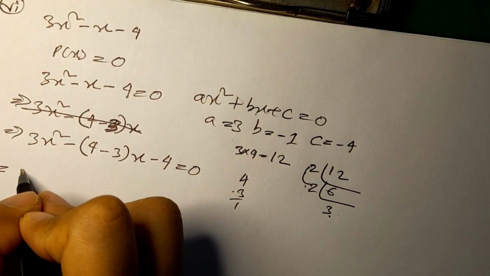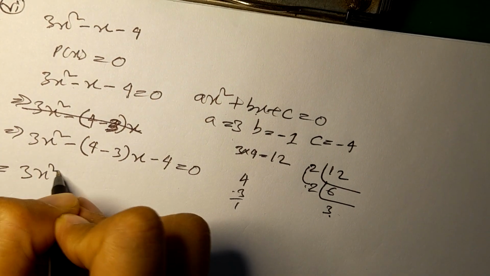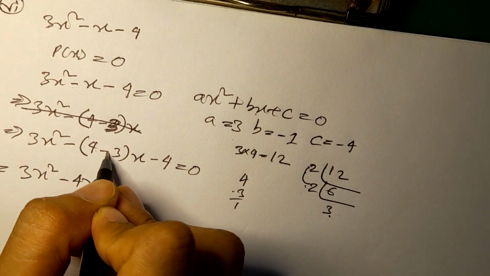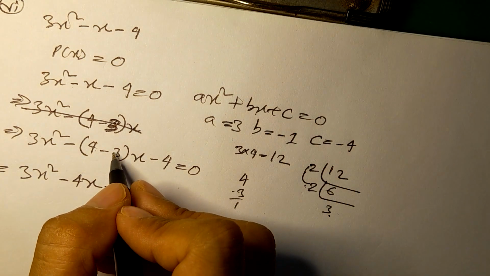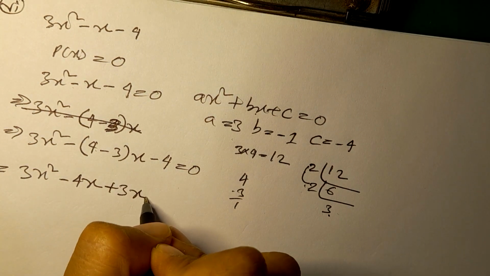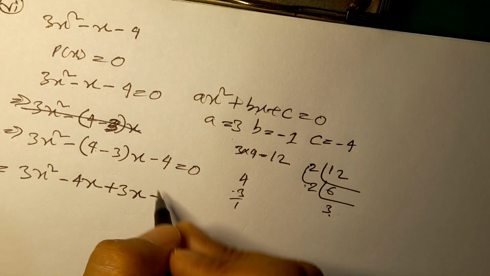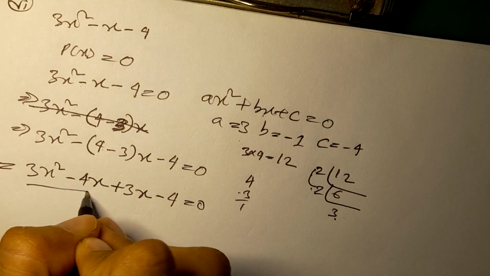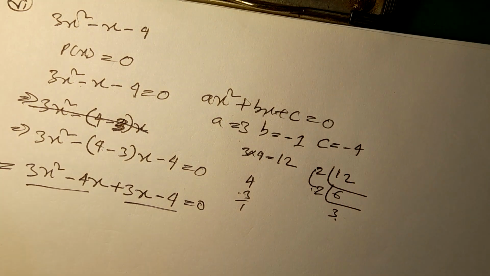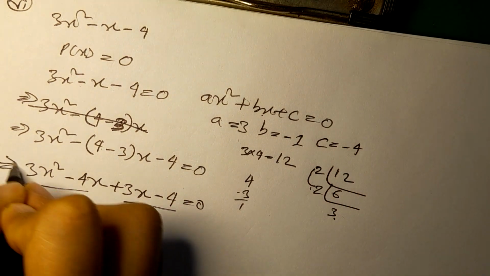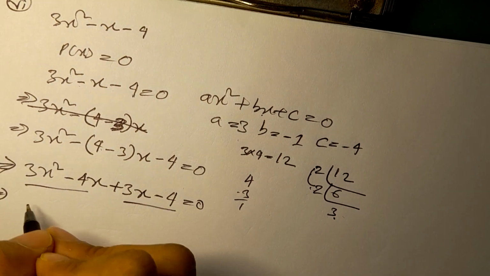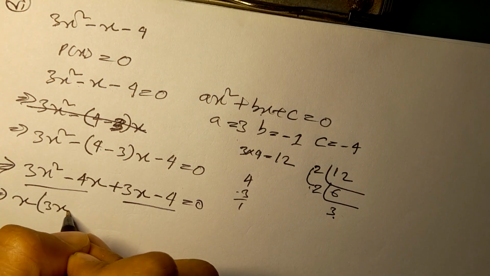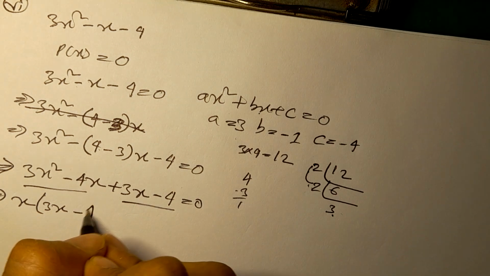Now remove the bracket: 3x square, multiply it, minus 4 x, and minus into minus is plus 3x, minus 4. Now pair it up, one pair, another pair. From here take the common. Which one is common? Only x is common. This number is divisible by x, this is also divisible by x. So take x common. If you take x common, the remaining will be 3x minus, already x is gone, only 4 is remaining.